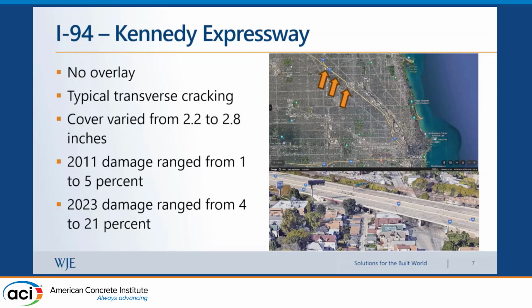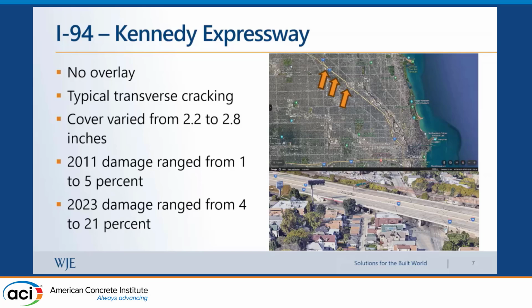We did GPR scanning, and the concrete cover was in the range between 2.2 and 2.8 inches on the 7 bridges. This is the average value over the different bridges that we included in that study, and this is typical of IDOT construction. Typically IDOT specifies 2.5 inches of cover for bridges.